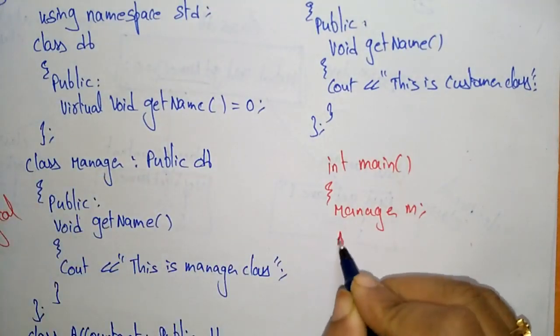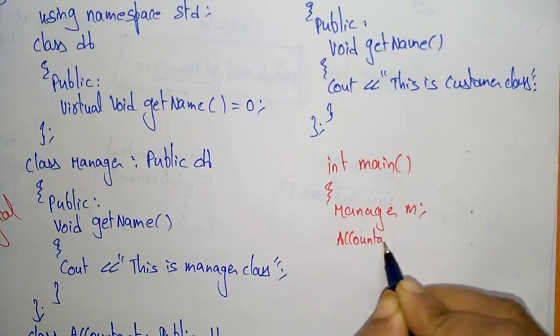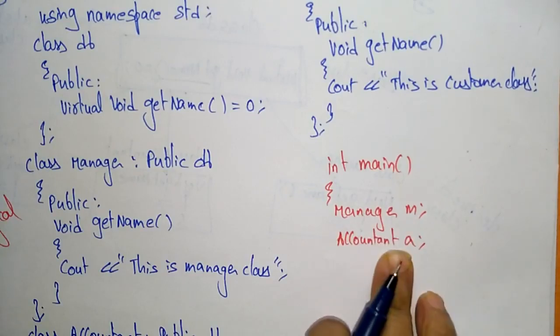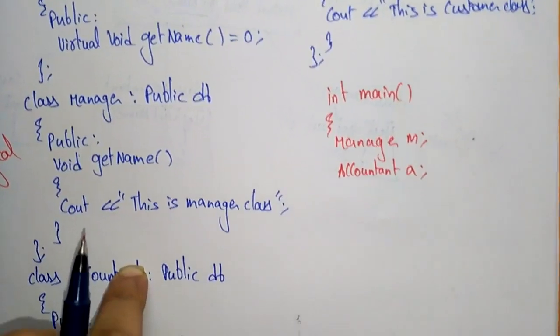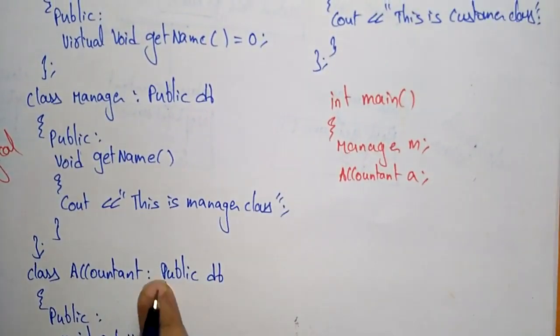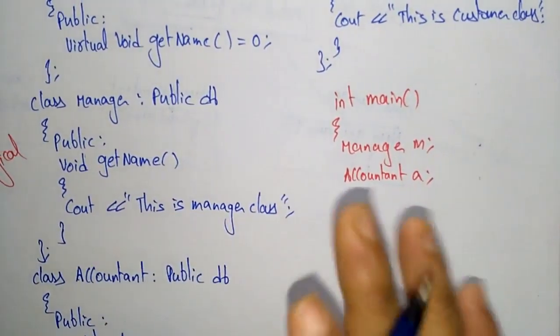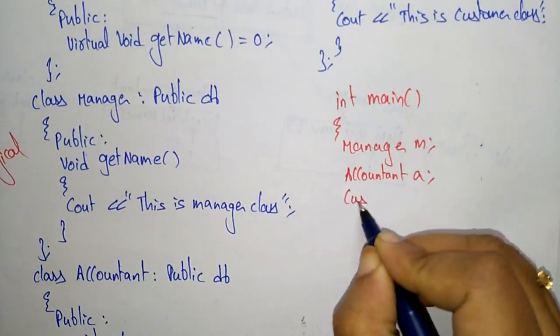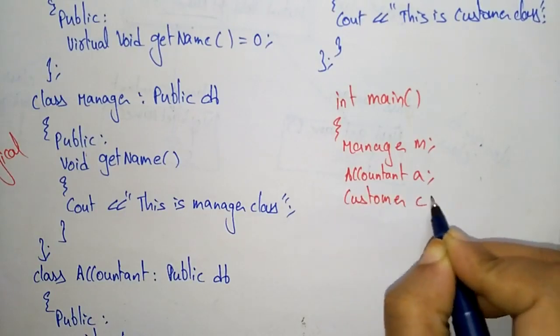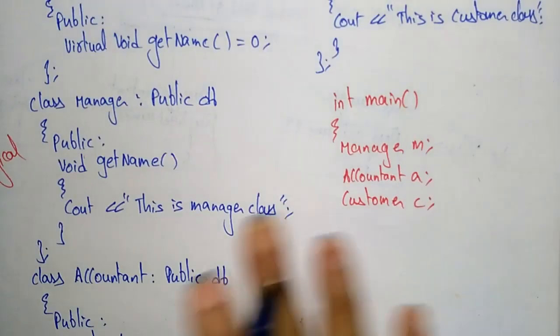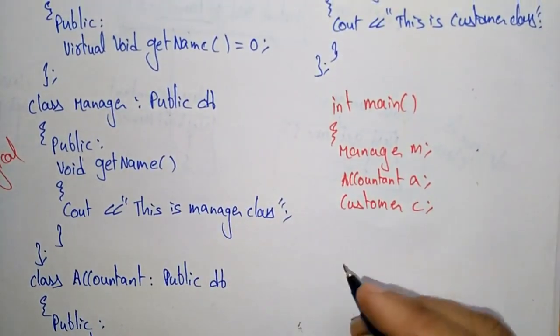Now some memory is allocated for this manager class. At the same time, accountant A is an object; for the class accountant, an object is created and some memory space will be allocated. At the same time, customer. So for these three classes, objects will be created.